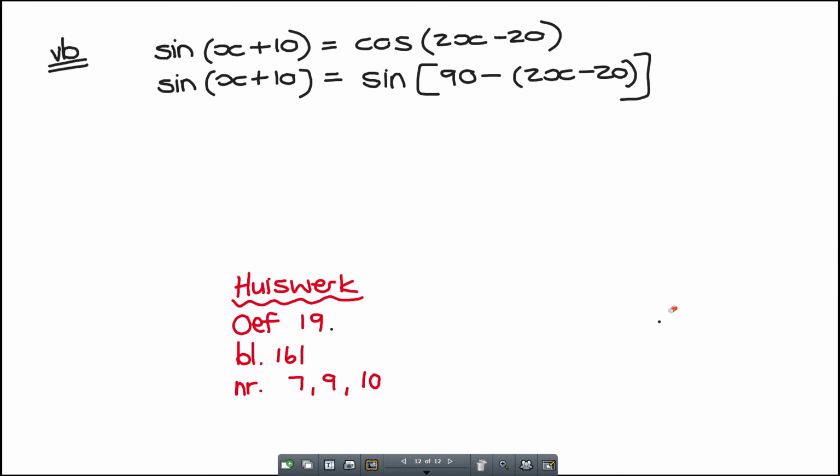Okay, you always go check your answer, because it's 90 minus, I know it will change to cos, what is sine in the first quadrant? Positive, so dis cos 2x minus 20 graad.